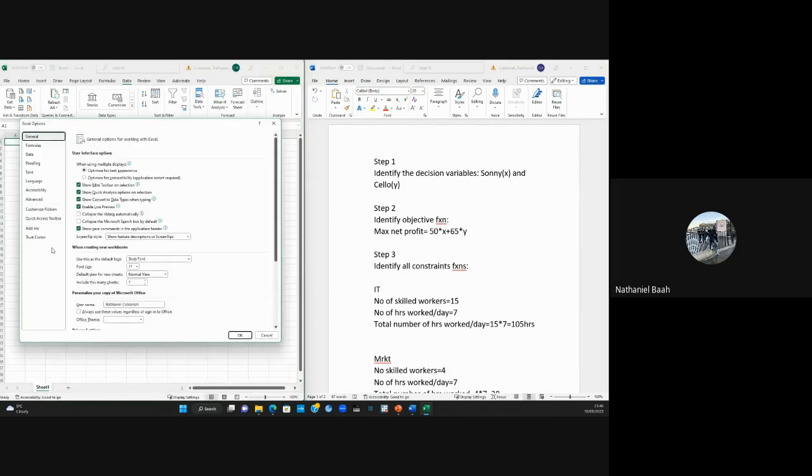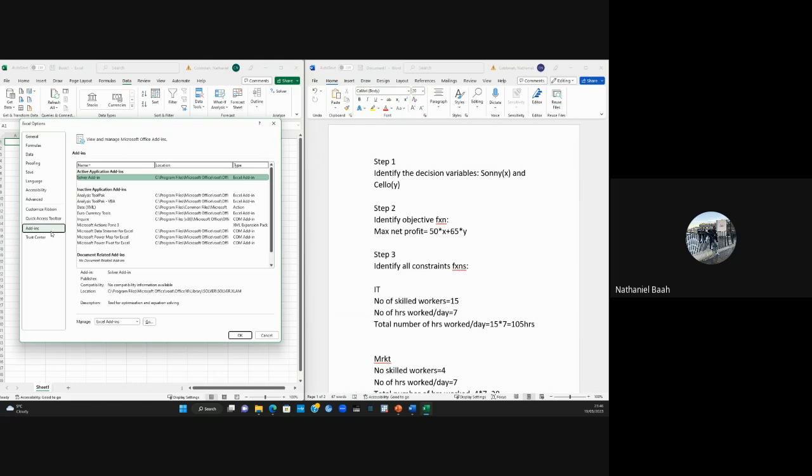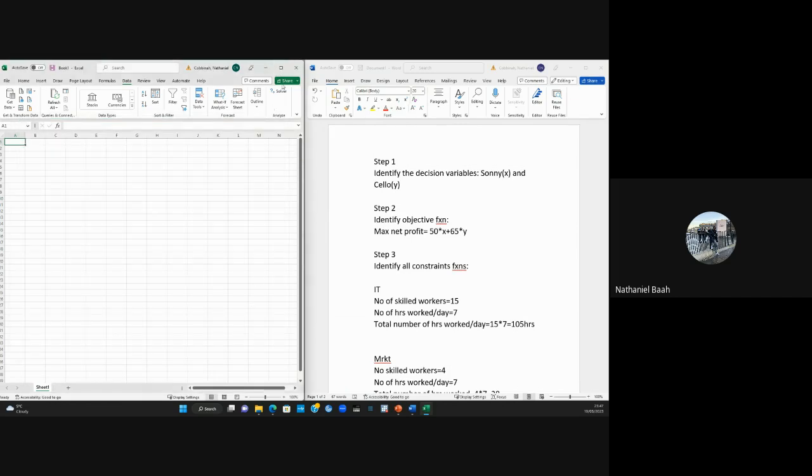In the Options, what you have to look for is Add-ins. So you click on Add-ins. Then you have to look for Solver add-in. You click on it, then you click on OK, and that would install your solver.